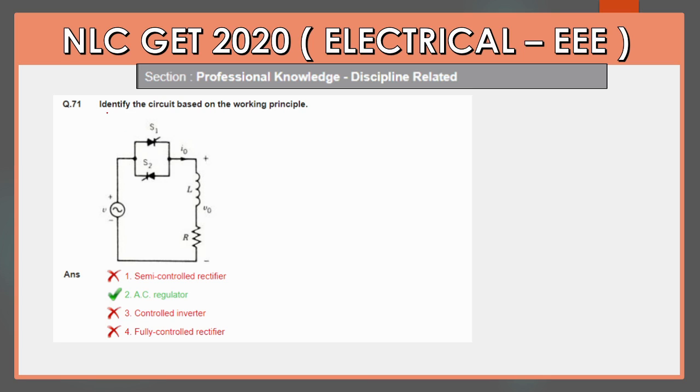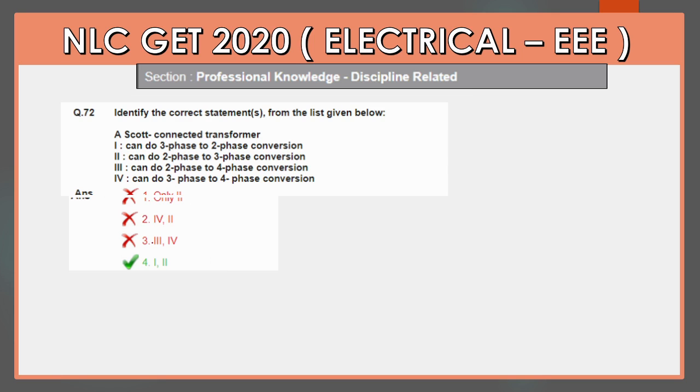Next question, identify the circuit based on the working principle. So here you can see two thyristors connected back to back and an AC voltage source is given, load is RL load. So it is nothing but an SCR AC regulator. Next question, identify the correct statement from the list given below. Scott connection transformer.